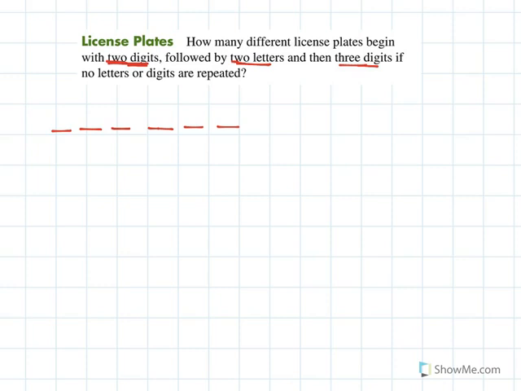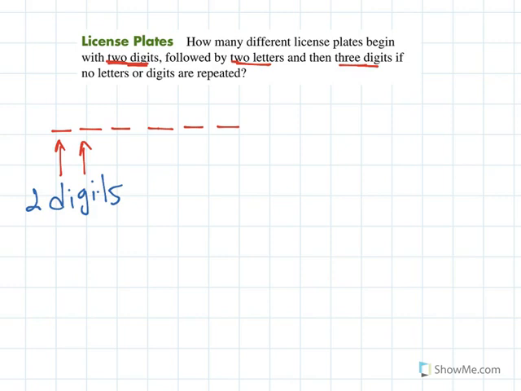So that means in the first 2 places, you're going to fill it out with digits. 2 digits.